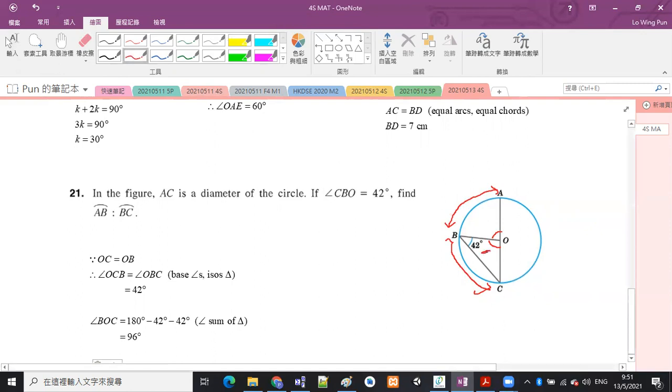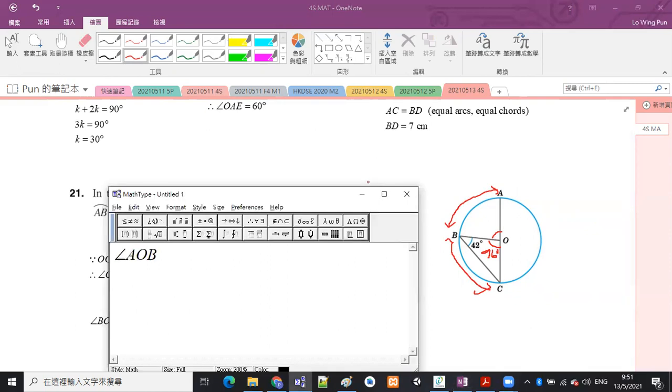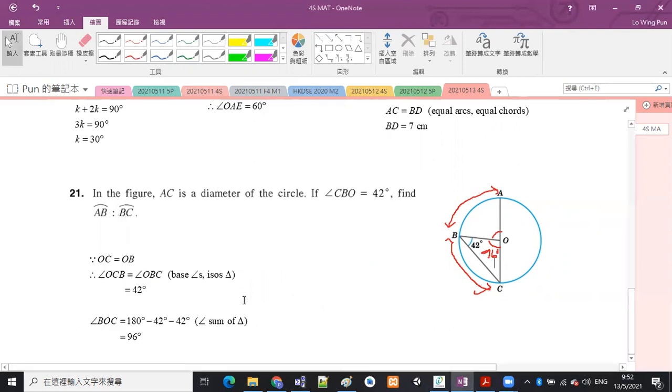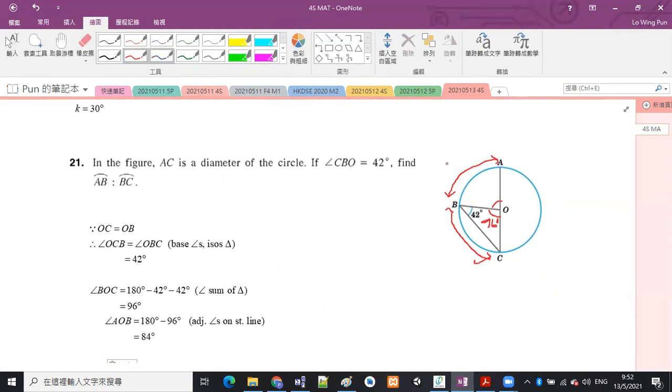Am I correct? 96 degrees. And angle AOB is equal to 180 degrees minus 96 degrees. This is adjacent angles on straight line. So it should be equal to 84 degrees. And this is 84 degrees.